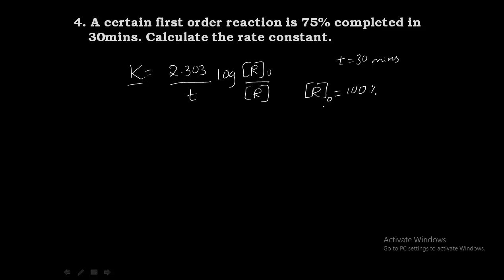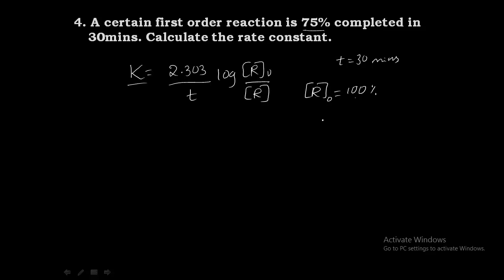So thus the initial concentration of reactant, that is before start of the reaction, the concentration of the reactant is 100%. And they have given after 30 minutes 75% is completed. So in 100%, 75% has been completed. Now, how much has been left?